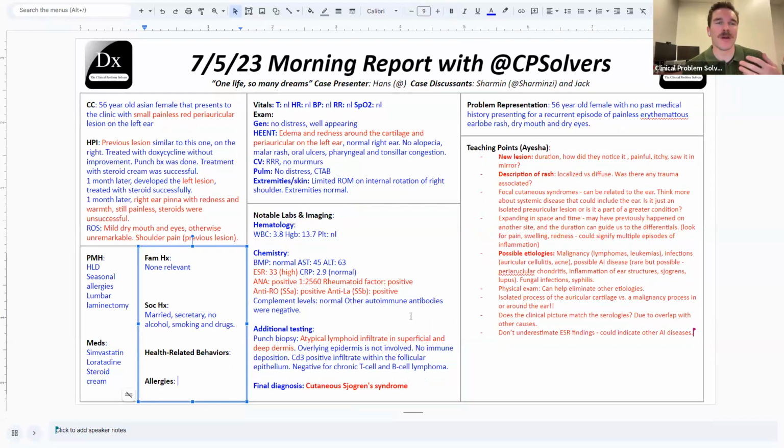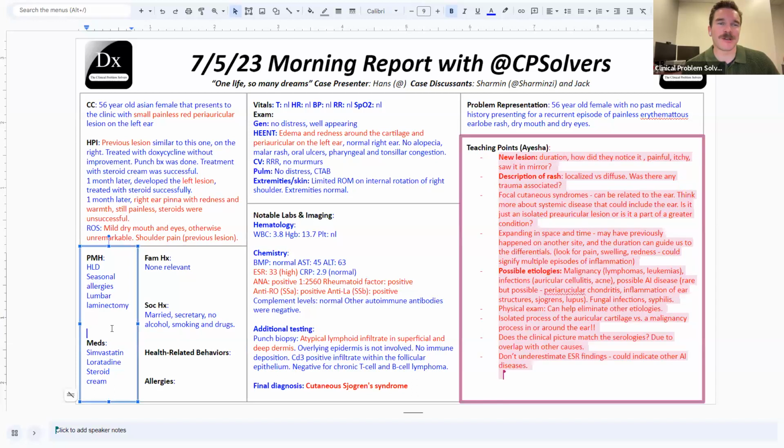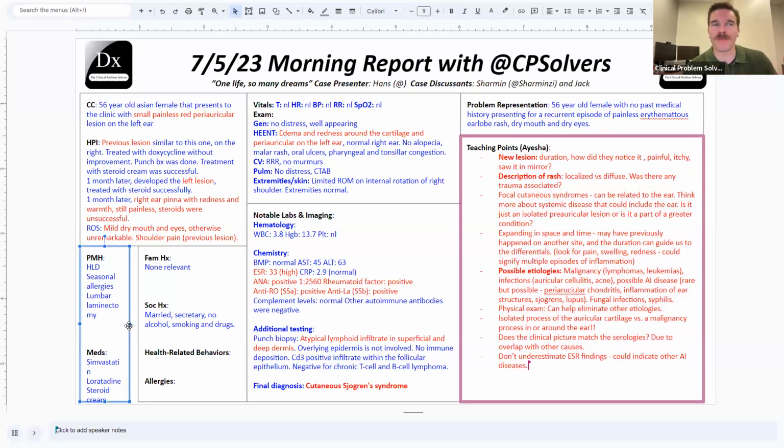Like we got to talk through ANA titers, Sjögren syndrome, auricular inflammation, ear lesions, the McAdam criteria, cutaneous findings that might be associated with a T-cell lymphoma. And so while there is one final diagnosis here, the full scope of what we got to explore together was incredibly rich and incredibly deep. And I just want to say thank you for bringing a case that allowed us to do that.